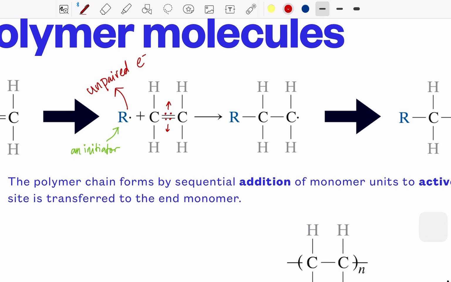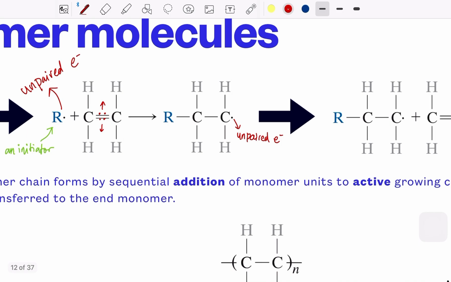And then what happens? Is it over? I think no. Another single electron, right? Another one. So let me write here another unpaired electron. This unpaired electron, again, is looking for a friend.